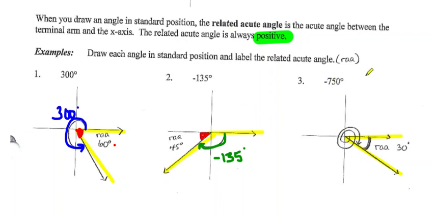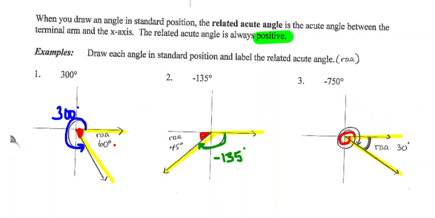Okay. All right. So this one here, negative 750 degrees. All right. So obviously more than one rotation. Is it more than two? Well, what's 360 times 2? It's 720. So yeah, it is going to go over 2 rotations. So you need to look at that and make sure that your spiral indicates that. Now again, it's negative, so it's got to go clockwise. So you're going one.